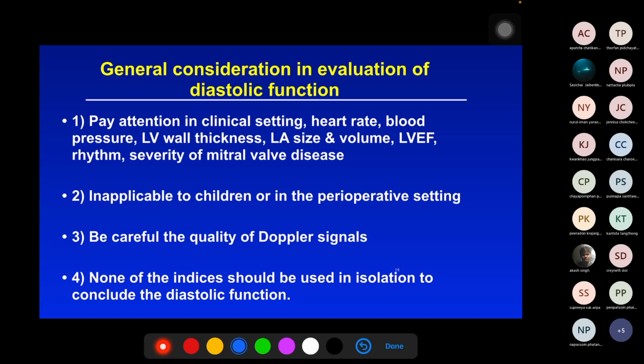It's very tough to apply all of these methods to children in the perioperative setting. Be careful when evaluating by Doppler signals, because these are load dependent, so they depend on the heart rate and the volume status of the patient. You should consider these parameters before you evaluate the patient.